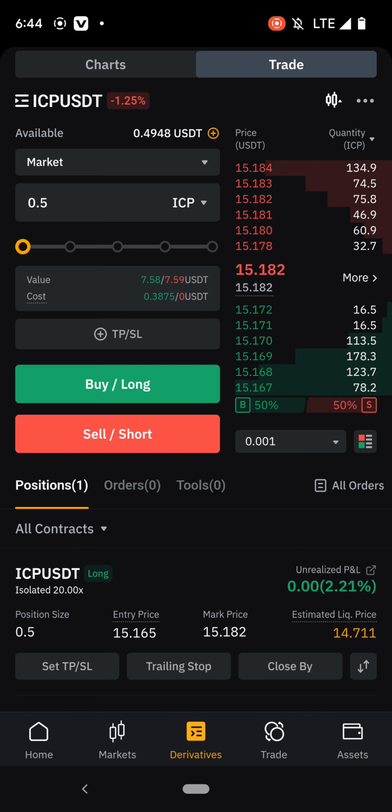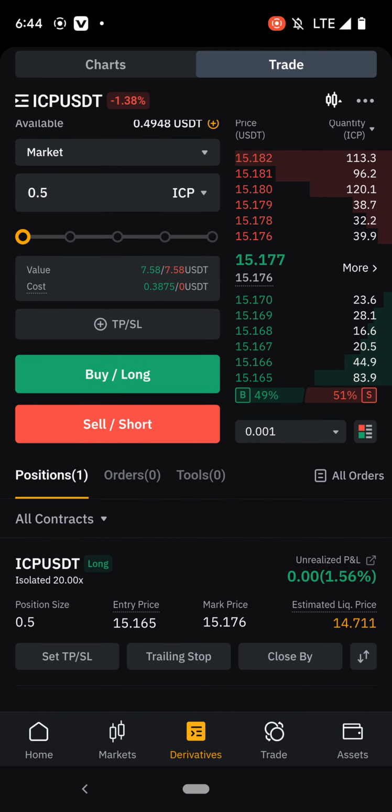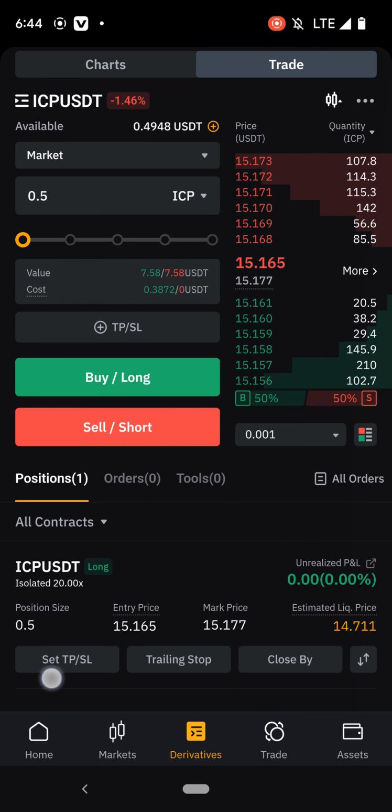If you are making 30% profit, you can decide to close, or you set your take profit and your stop loss. Now, how do we set our take profit and our stop loss? You simply come here where you have this TP, set TP and SL. Not here, that is for you to close.